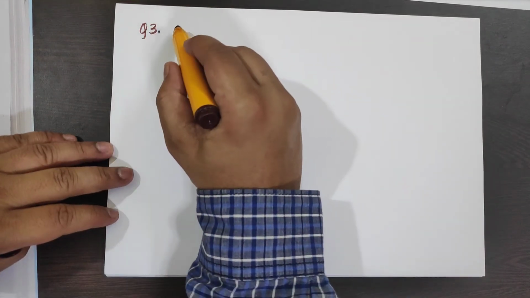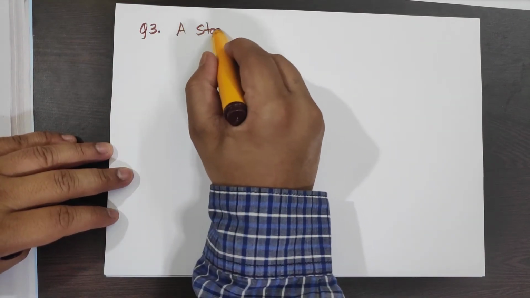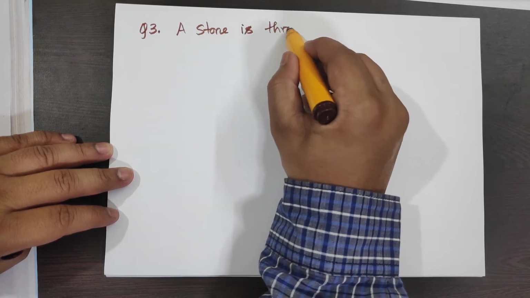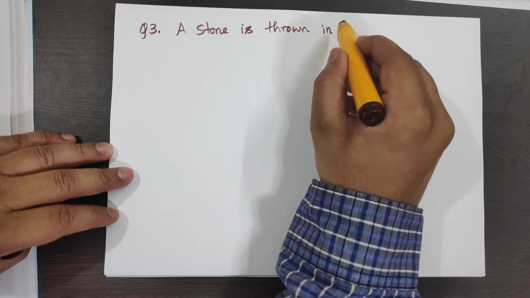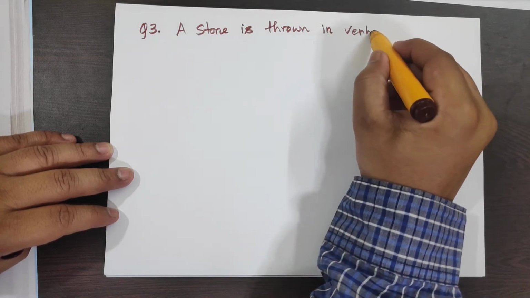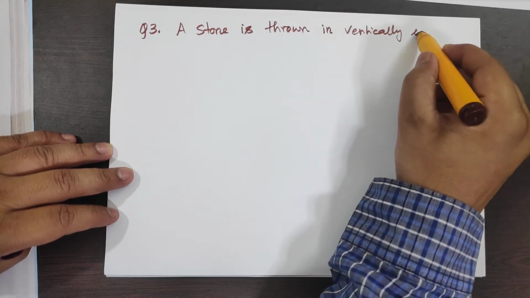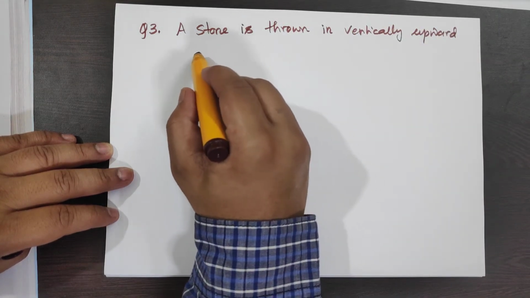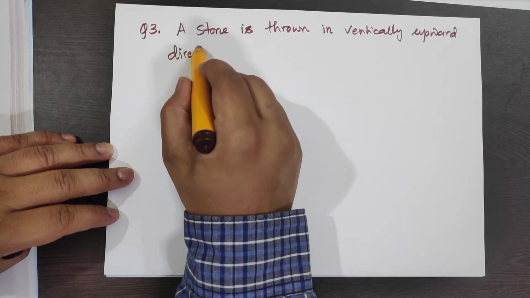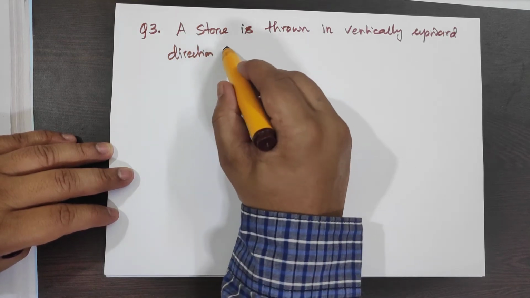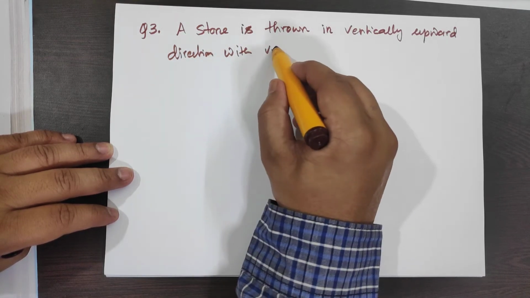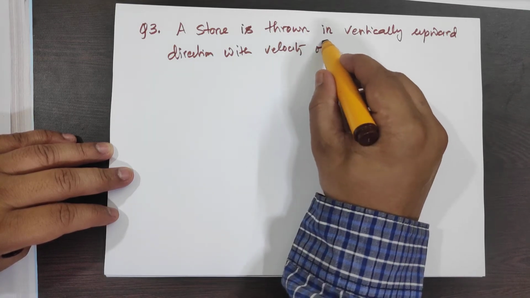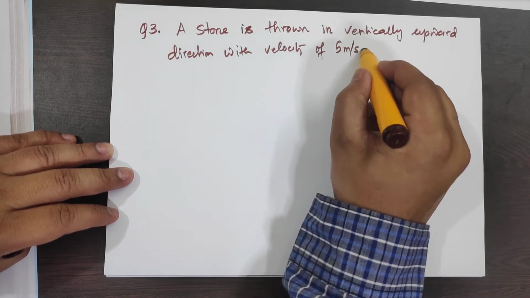So like this, a stone is thrown in vertically upward direction with velocity of 5 meter per second.